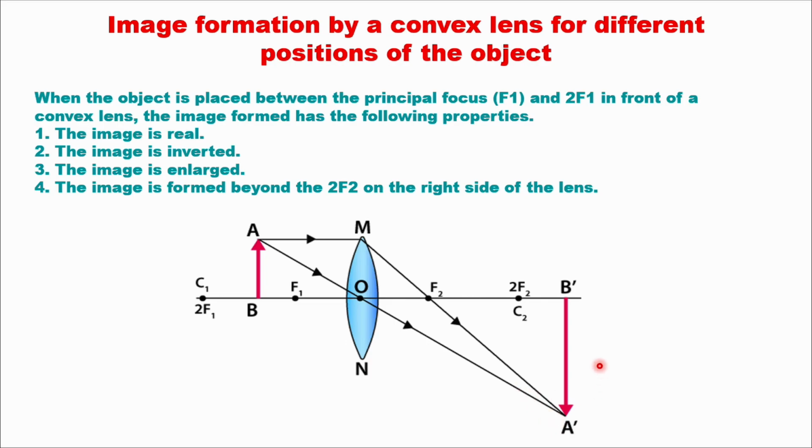What is the nature of the image here? It is real, inverted, but the size of the image is somewhat larger than the object size. See here, A dash B dash is the image, AB is the object. A dash B dash, the size of the image, is somewhat enlarged compared to AB.